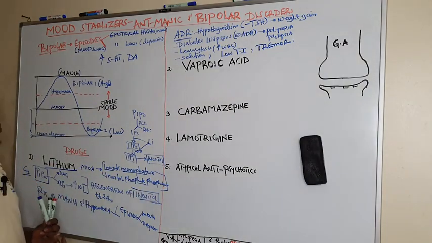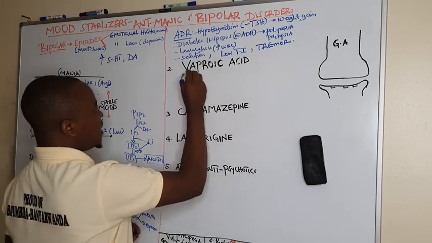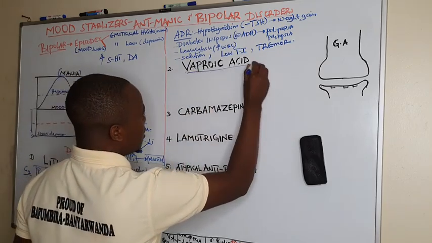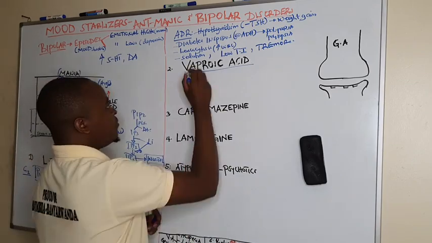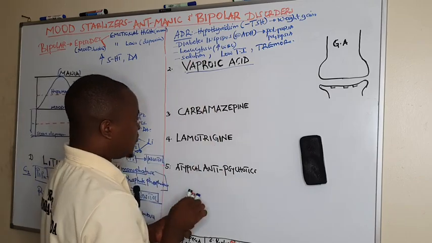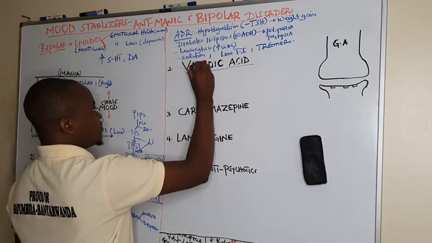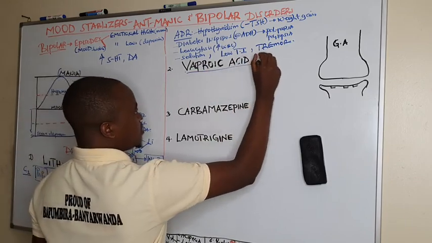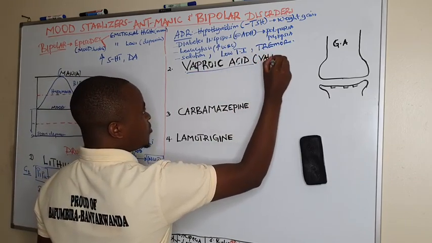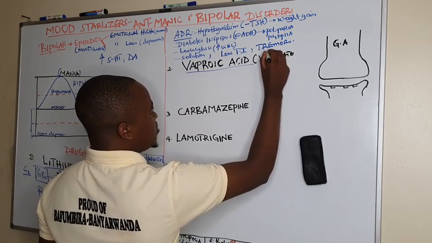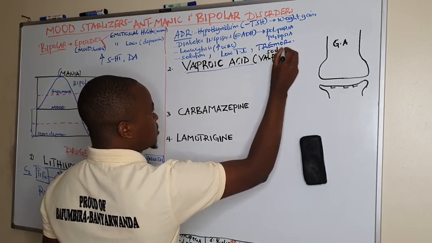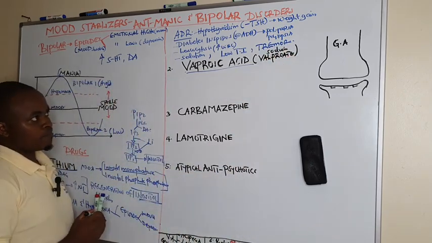But in case someone is not responding, we can use an antiepileptic drug known as valproic acid, or you can call it valproate, sodium valproate. This is its other name.